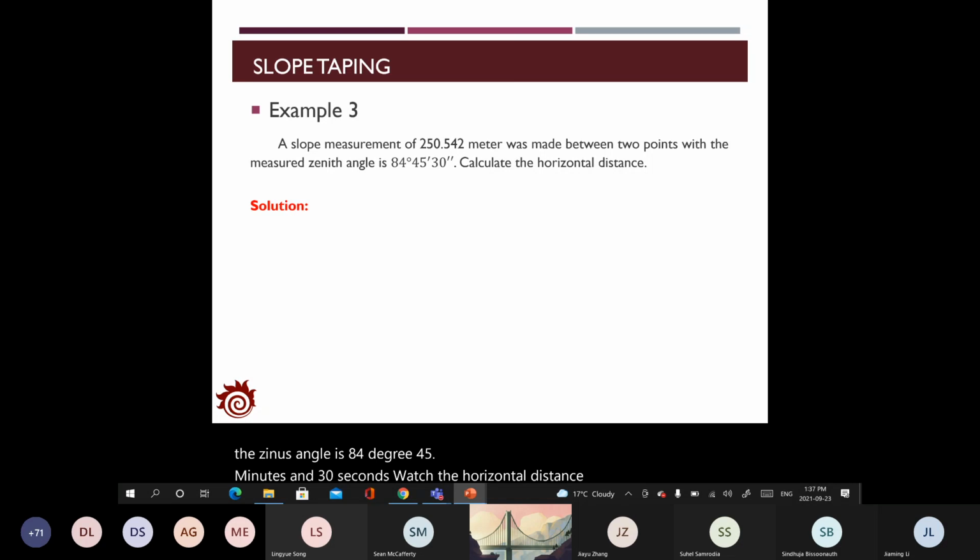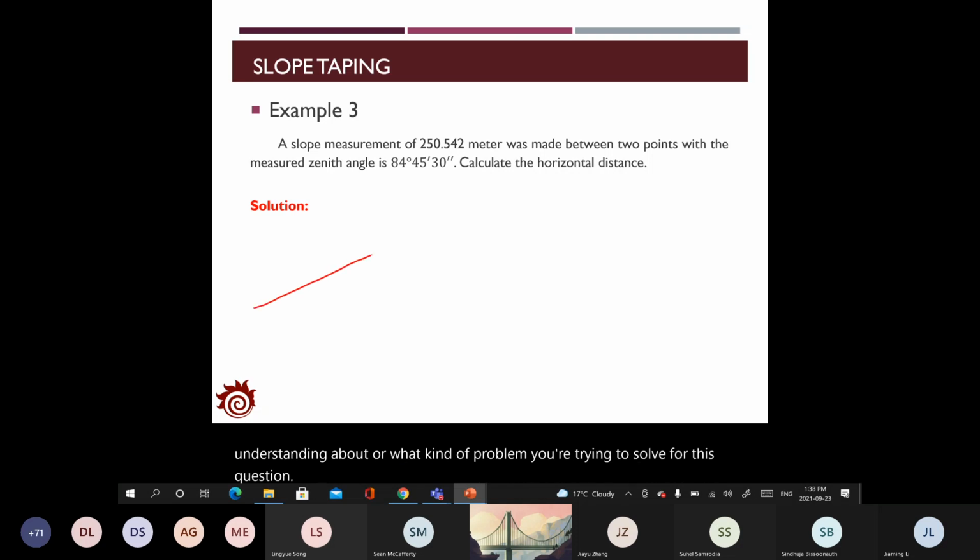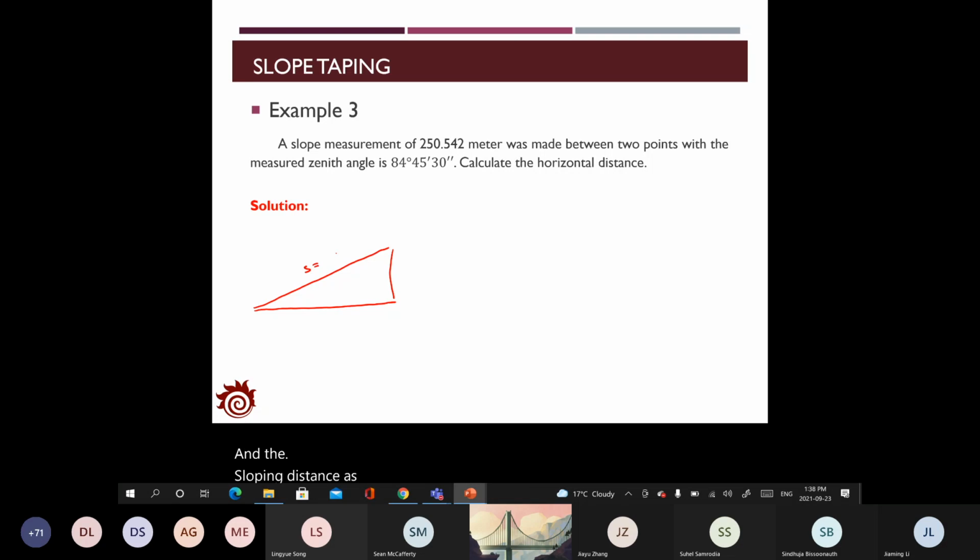So to solve this one, I will still encourage you to draw the figure about the problem, and then you will have a better understanding about what kind of problem you are trying to solve. So we have the sloping distance S is 250.542 meters, and we also have the zenith angle.